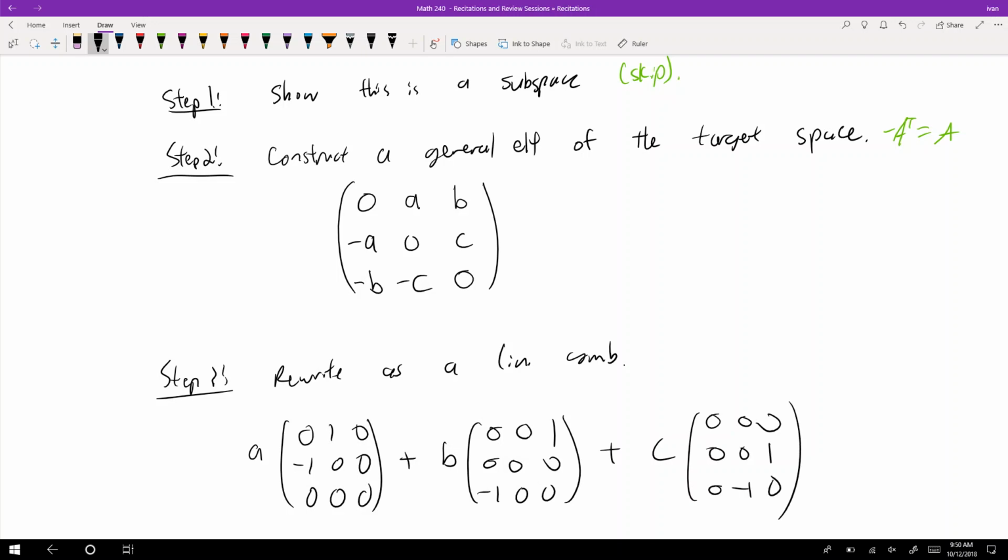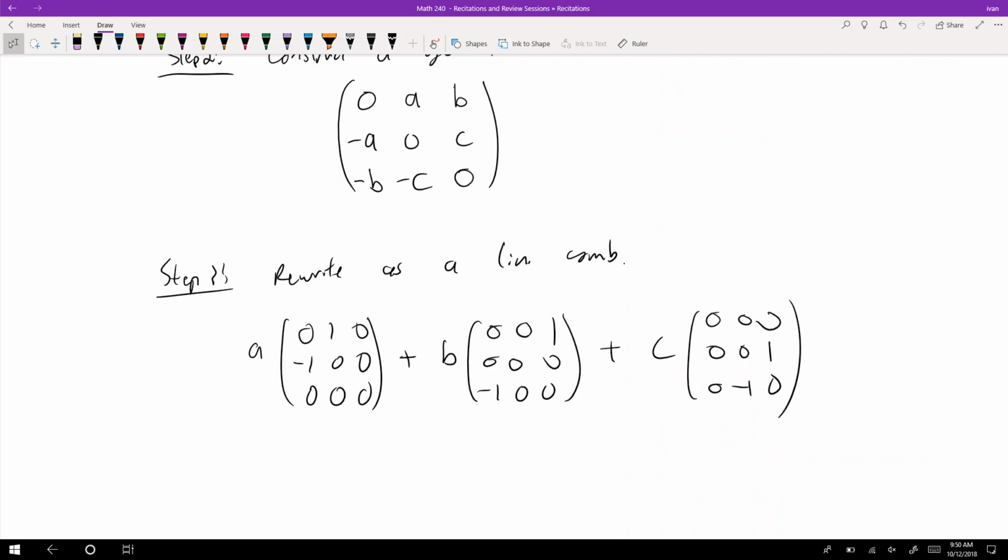So I essentially took the matrix in step 2 and broke it down into a sum of these A's, B's, and C's. Are we good with that?